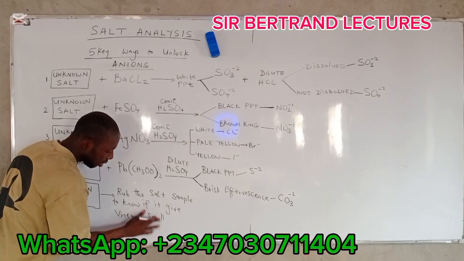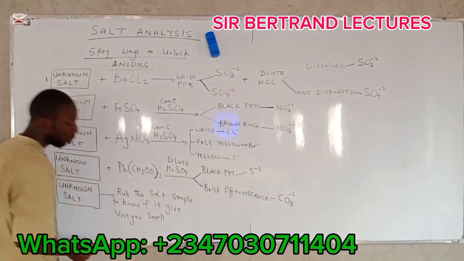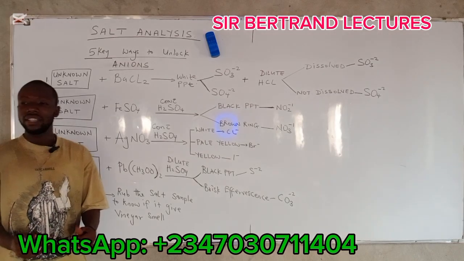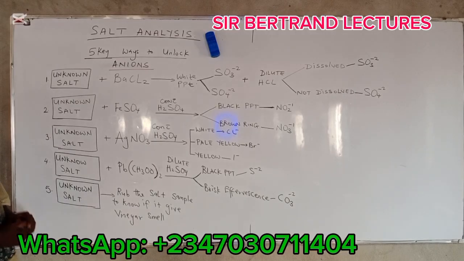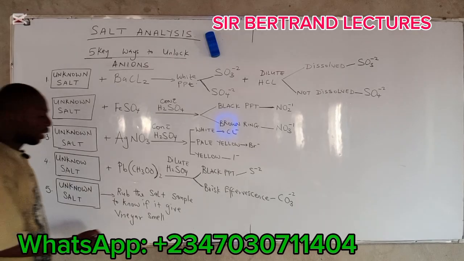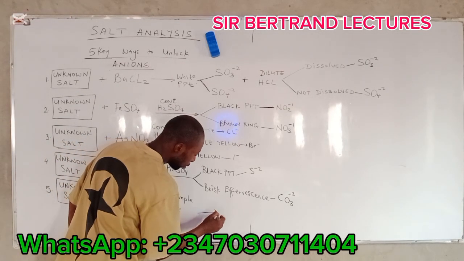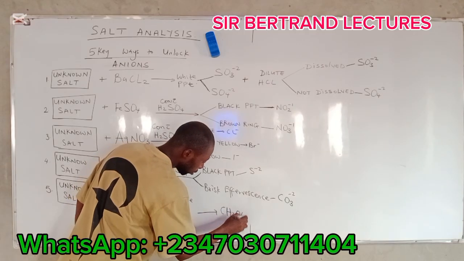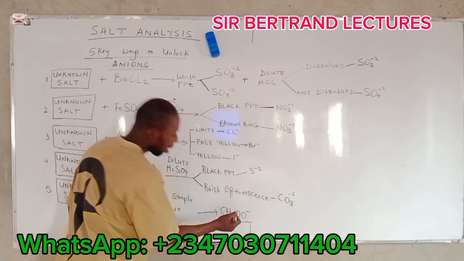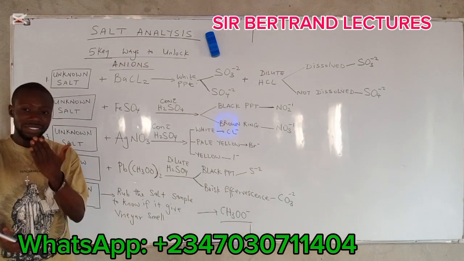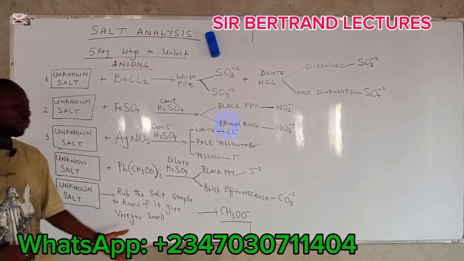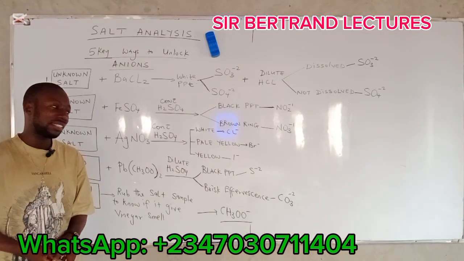Now, vinegar is a typical example of an organic acid. If it gives the vinegar smell, it indicates that the anion present is an organic ion known as acetate ion. You rub the salt sample and perceive the smell. If it gives a vinegar smell, that shows the presence of acetate ion.